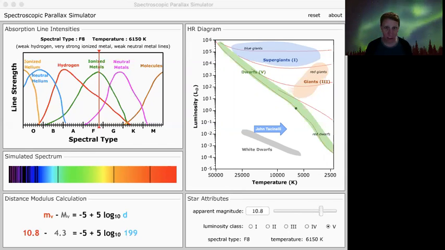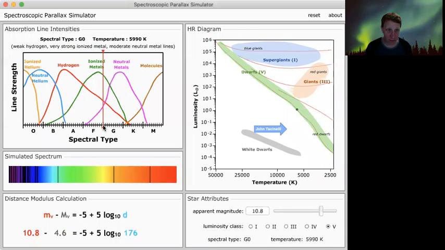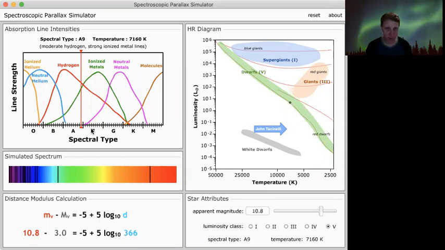Let's just say it's a type A9. You see, as I move this back and forth, it changes what the temperature is on the little diagram there. So let's say it's an A9, and we know that because there are moderate hydrogen and strong ionized metal lines, and the spectrum looks like this.